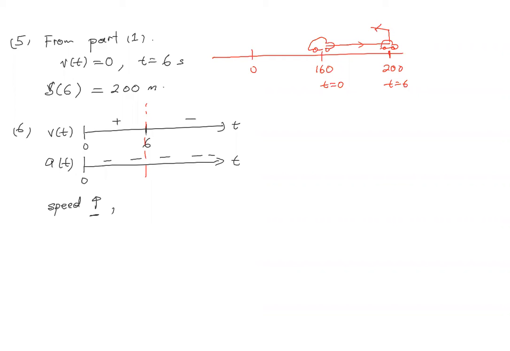The negative region. Why negative region? This one is also negative region. So it's the same sign. Yes. So you have to choose the region with the same sign for both v(t) and a(t). Same sign. So this is something that you must remember.